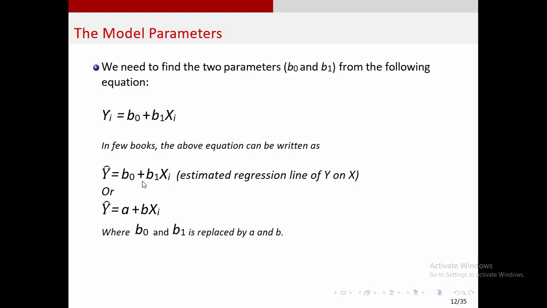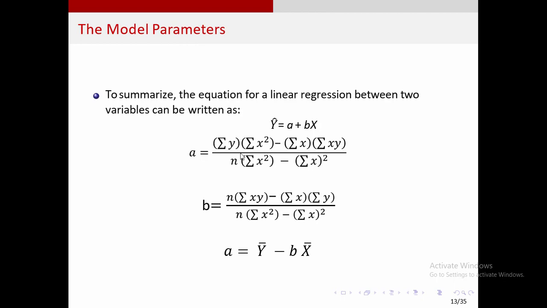Sometimes this equation can be written as y hat is equal to a plus b xi, where b naught has been replaced by a and b1 is replaced by simply b. Here are the formulas that will be used to calculate the linear regression coefficients and the y-intercept.